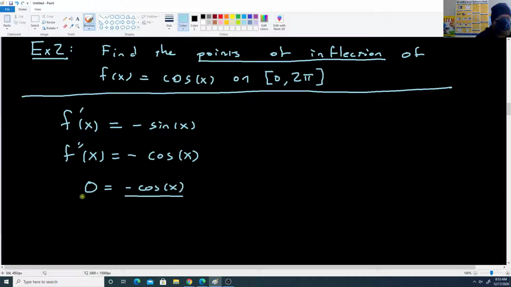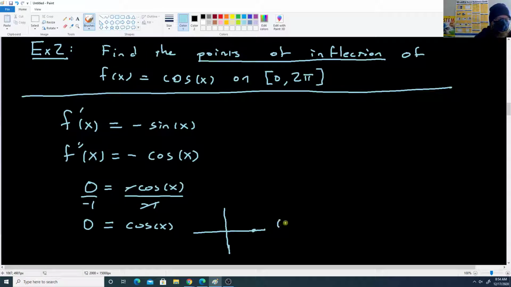Let's divide both sides by negative 1. So then this cancels, and we're going to look at 0 equals cosine of x. So basically, where cosine of x is 0, negative cosine of x will be 0 at the same place. And now it's easier to talk about the unit circle without having to account for the extra negative there.